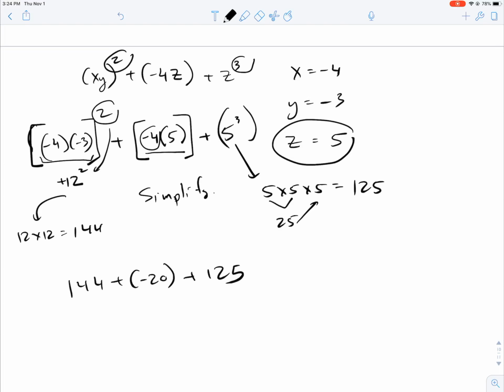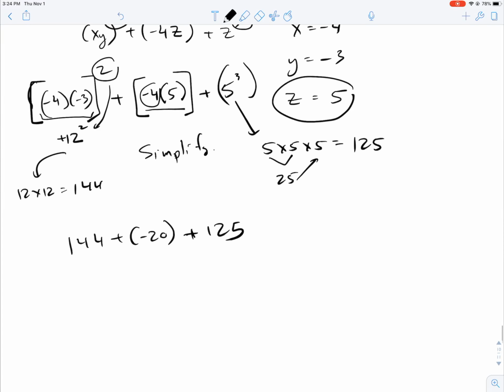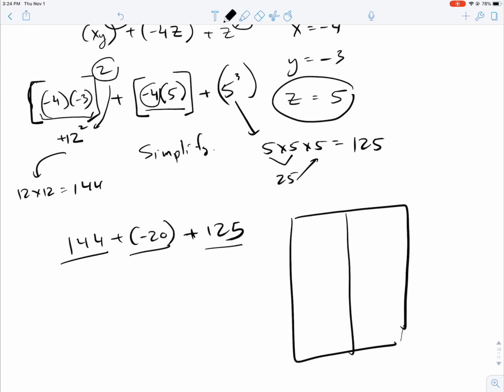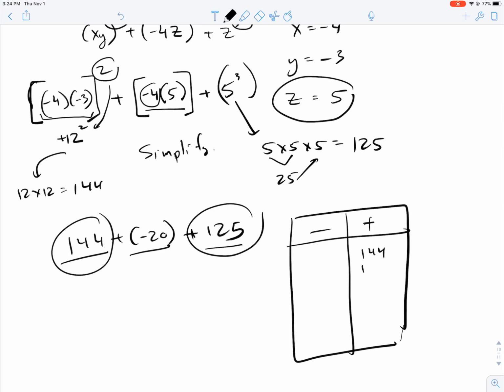Now I have 144, negative 20, and 125. I can use my integer box, which I highly recommend you do. 144 goes on the positive side, and 125 goes on the positive side.